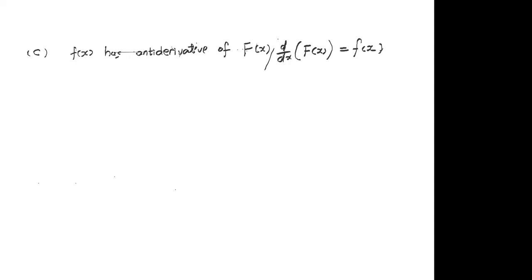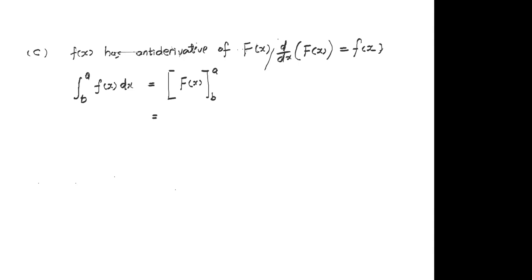Then I write down integrate from B to A f(x) dx. I write down equal to the antiderivative of small letter f(x) is capital letter F(x), correct? B down here, A up here, am I right?